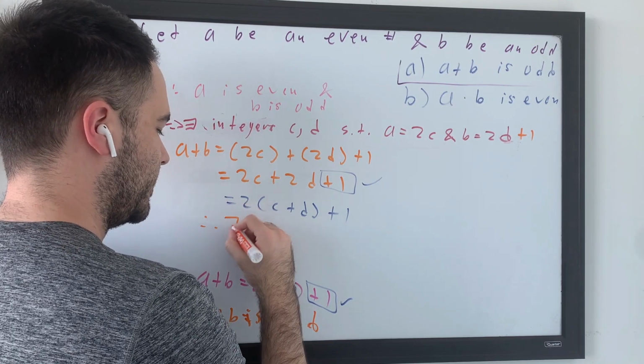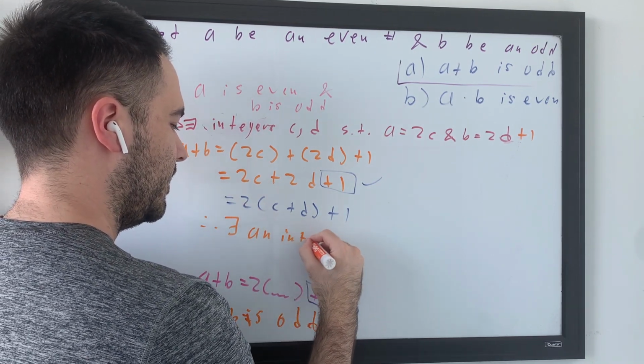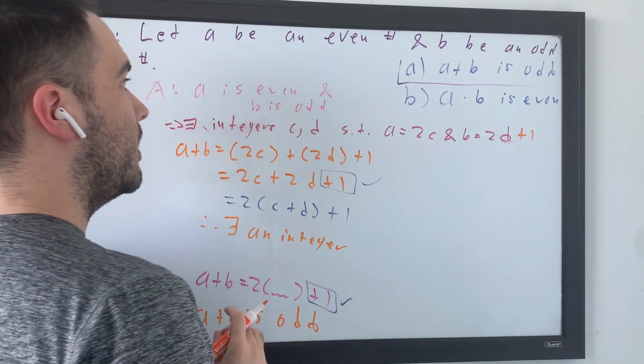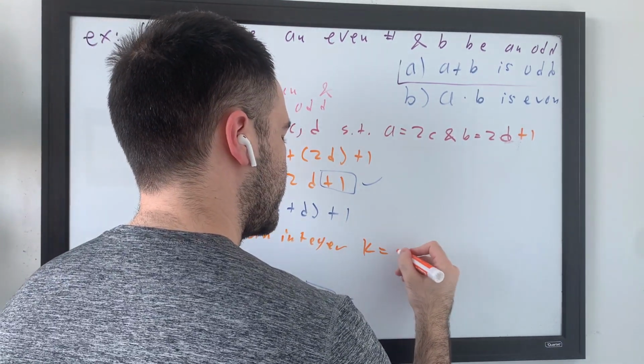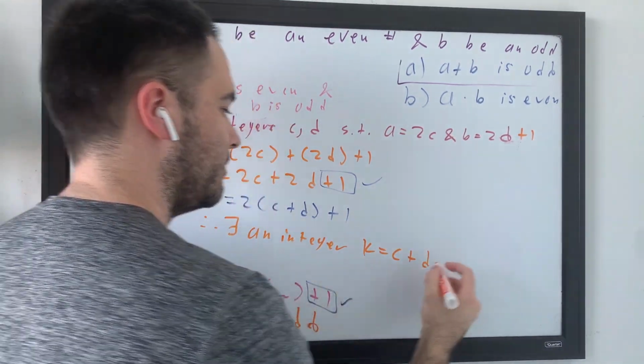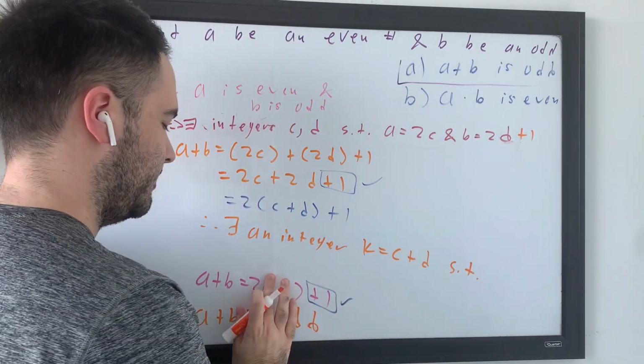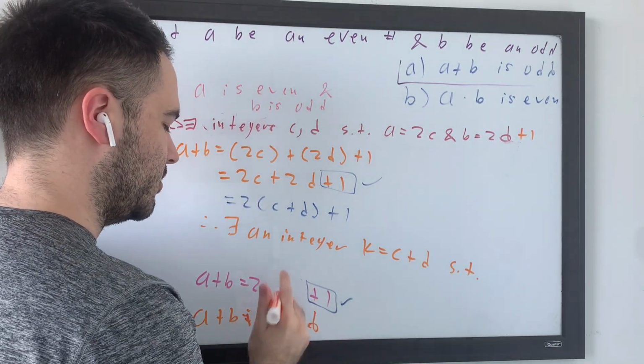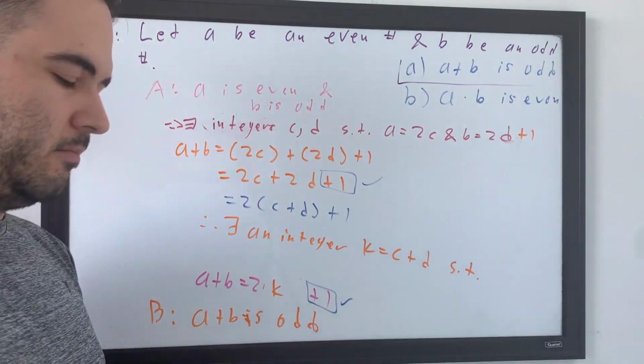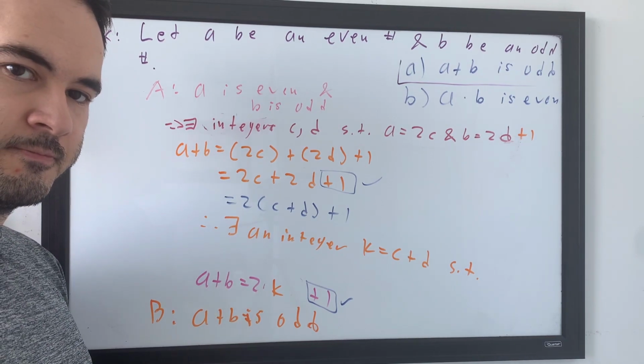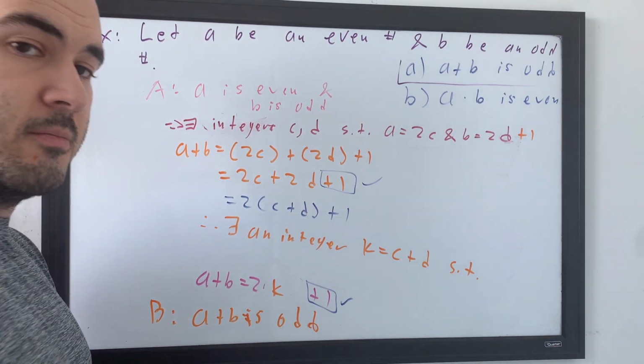Therefore, there exists an integer, we will call this k, which equals C plus D, such that A plus B is equal to 2 times k plus 1. With that, part A is done.